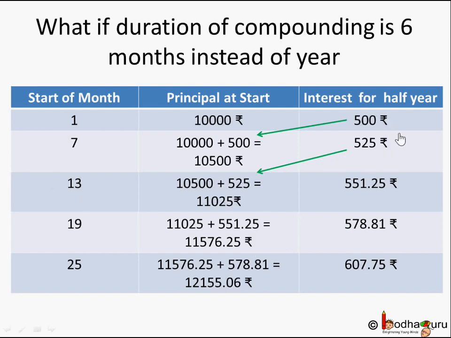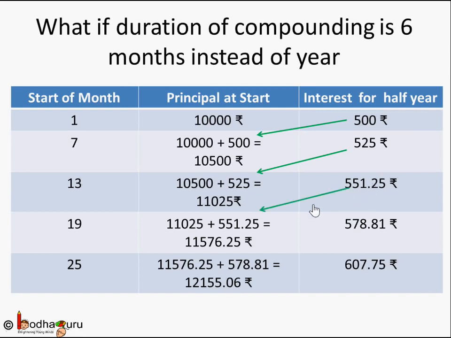Observe carefully and compare it with the earlier table where the compounding was done annually. At the end of the first year, if you are making a deposit, you are earning 1,000 rupees as the interest. Here, because the compounding is done faster, you are earning 1,025 rupees as the interest.